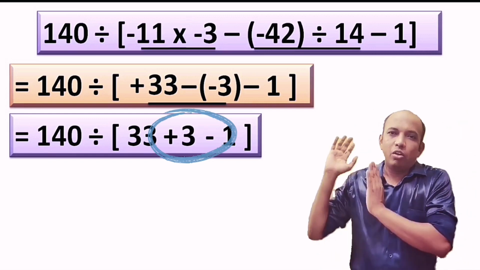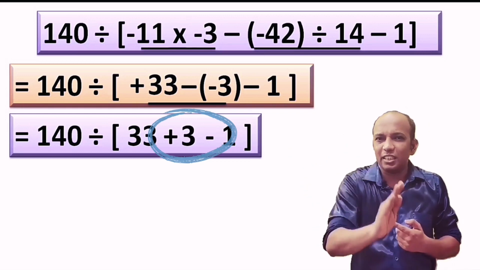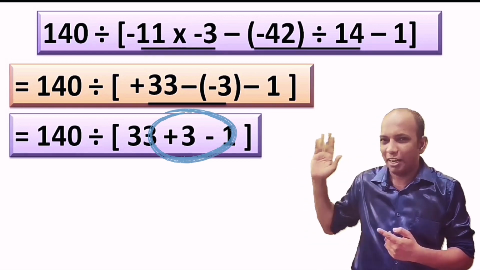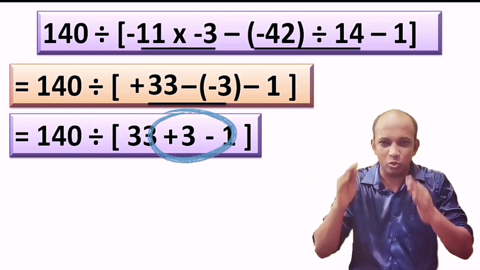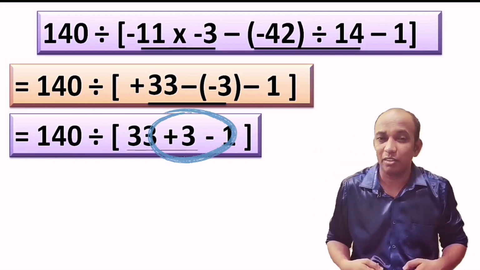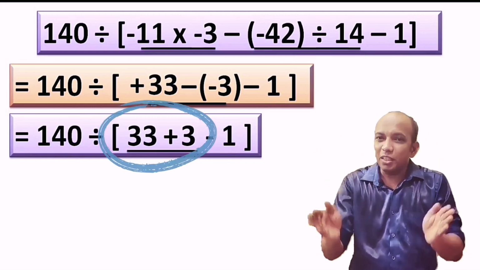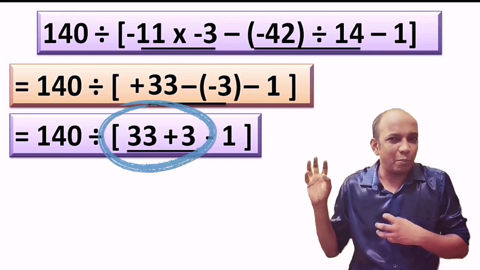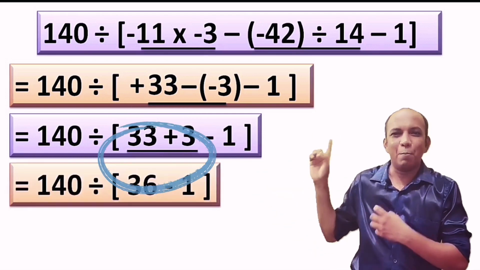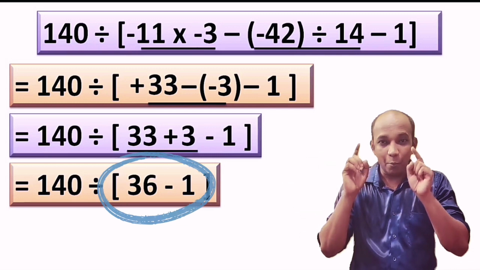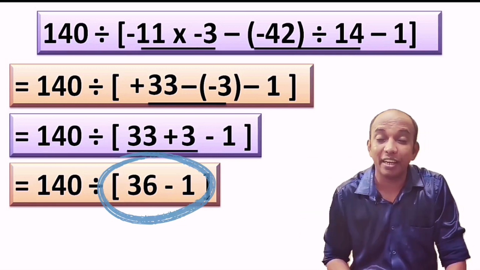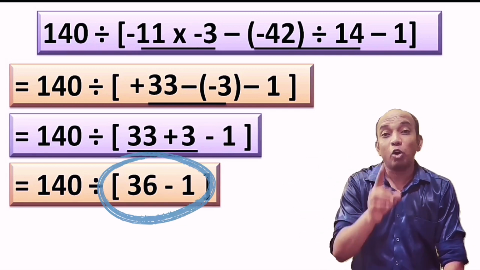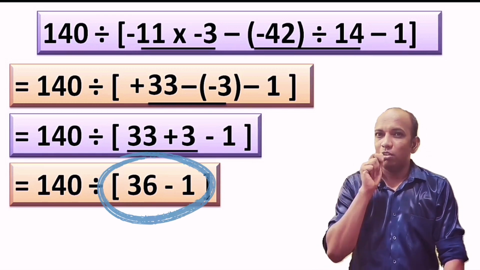Okay, now if you observe the bracket, we have 33 plus 3 minus 1. So 33 plus 3, this is the operation we need to complete. So in the bracket we are left with, the moment you complete the addition, 36 minus 1, right? But we still need to continue the bracket because one operation is remaining.